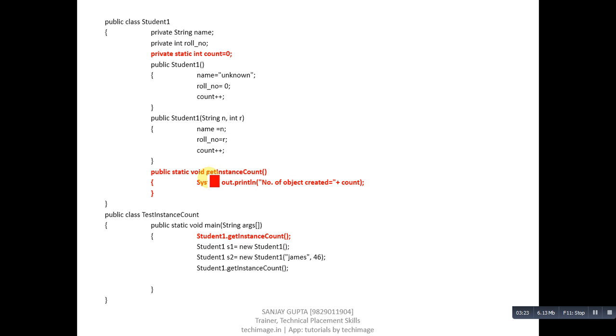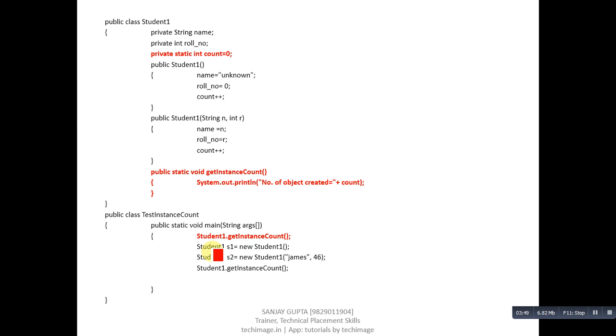Then the getInstanceCount method is also a static method. It prints the value of count. In the main method, I have called the getInstanceCount method with the name of the class. We can call a static method without creation of an object with the help of the name of the class. This call will print the value of count, which is 0 right now.